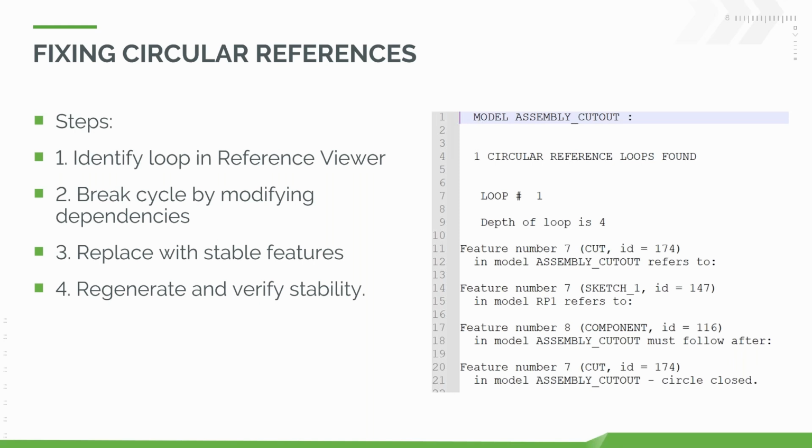Okay, so for those of you out there that might have ever experienced a circular reference or created one, what happens in Creo is, as soon as you create it, it actually generates a text file called a CRC file. It's a text file with a CRC extension on it.